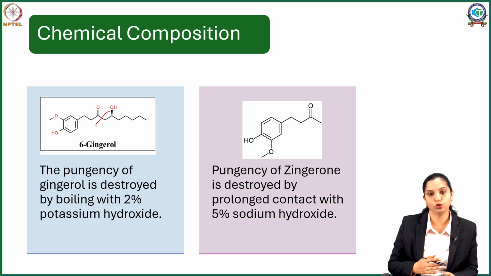This gingerone also is destroyed if you use a little higher concentration, that is about 5% sodium hydroxide, and heat it or keep it in prolonged contact with your ginger, that pungency of gingerone also vanishes. So your gingerols and gingerones can be inactivated, and the pungency of the ginger can be destroyed by alkalis. And as a result, once the pungency is destroyed, you get a little sweet scent and aroma of ginger.